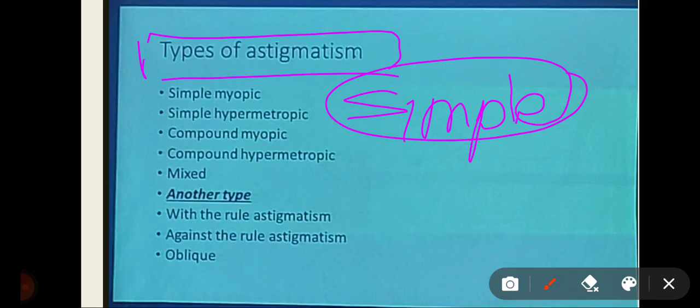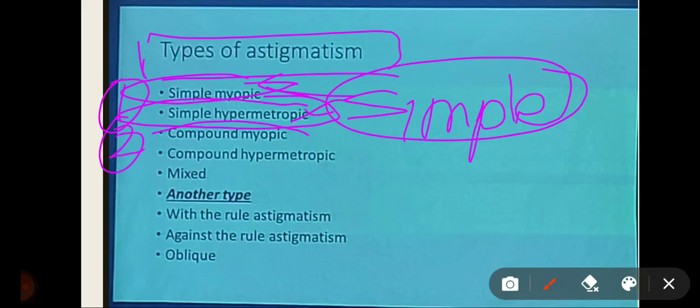In simple astigmatism, the rays are focused on the retina in one meridian, and in the other either in front, simple myopic astigmatism, or behind the retina, simple hypermetropic astigmatism. Then compound myopic and compound hypermetropic.